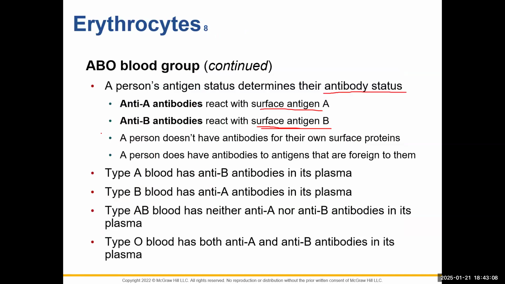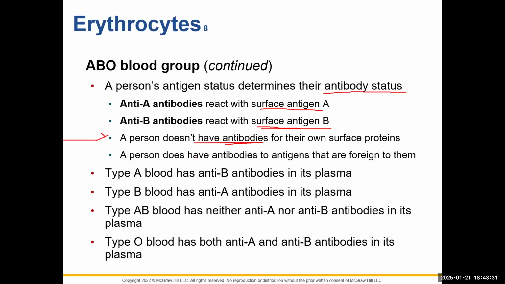So this part right here says a person doesn't have antibodies for their own surface proteins. And I just said the reason why. Because if we did, then those antibodies would react with our surface proteins, damage our cells, cause hemolysis, and cause our cells to break apart.